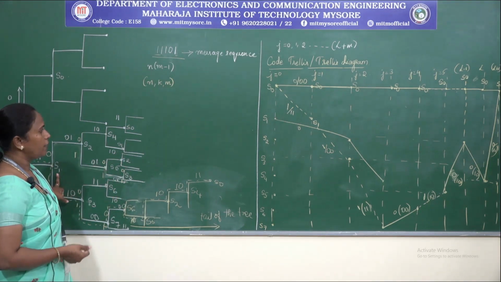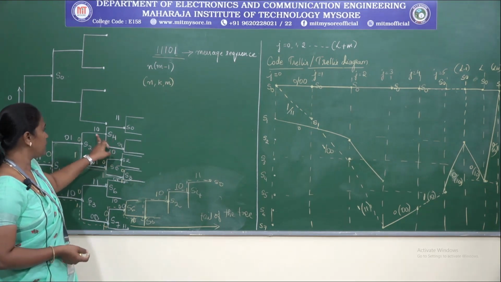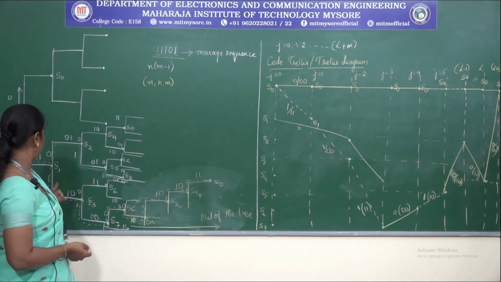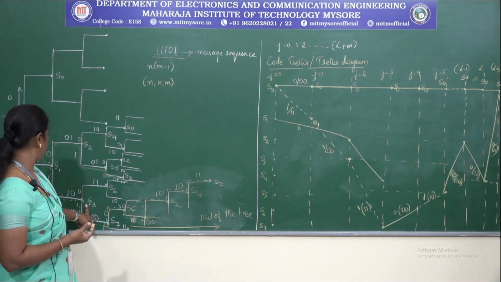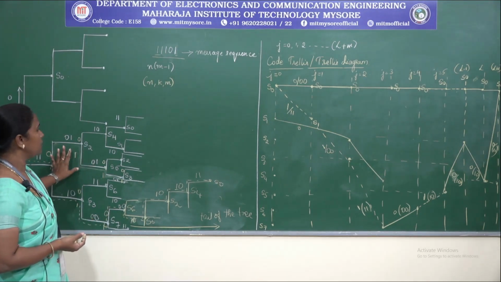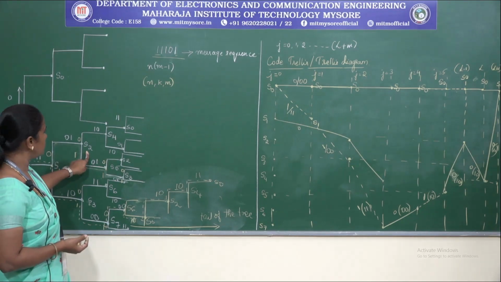Okay. So now I have represented S1, S2 and S4 with input 0. Next for input 1, from S1 it reaches S3, which I have already represented. Now if you consider S2, this is with respect to the third stage.